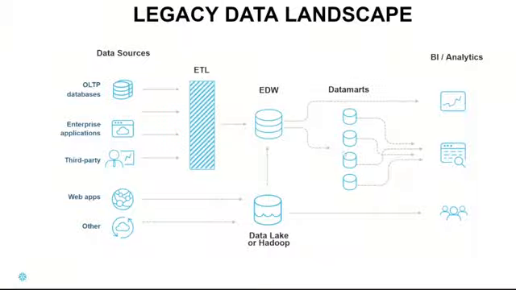For data marts also, we might use some other tools to host them. So from data sources to BI analytics, we are using multiple tools and technologies to orchestrate our data pipeline. And if you are using multiple tools and technologies, there is always a cost associated with that, and there could be multiple failure points too.